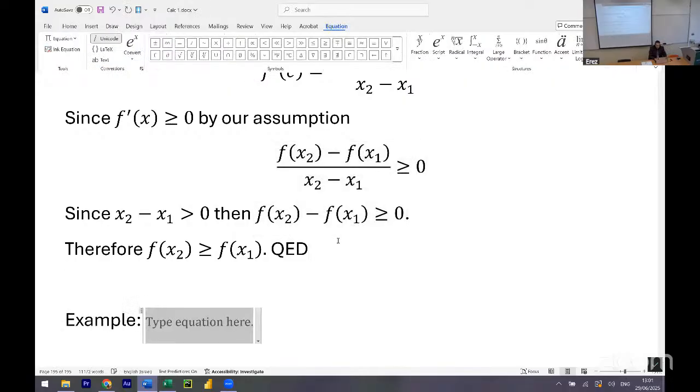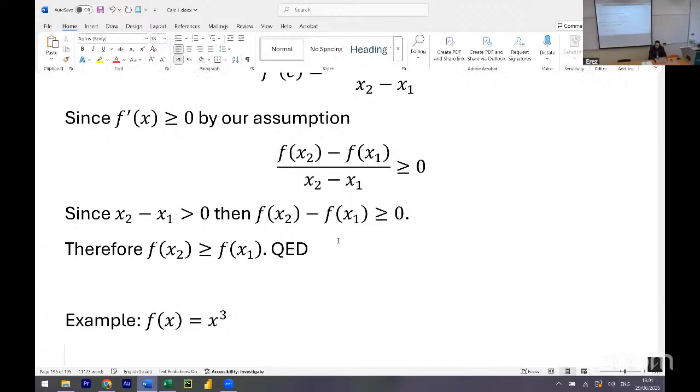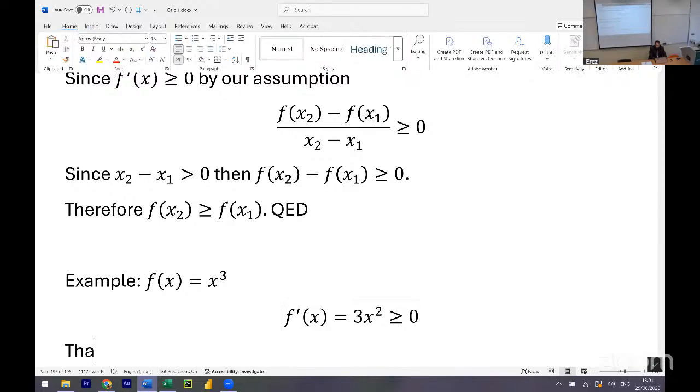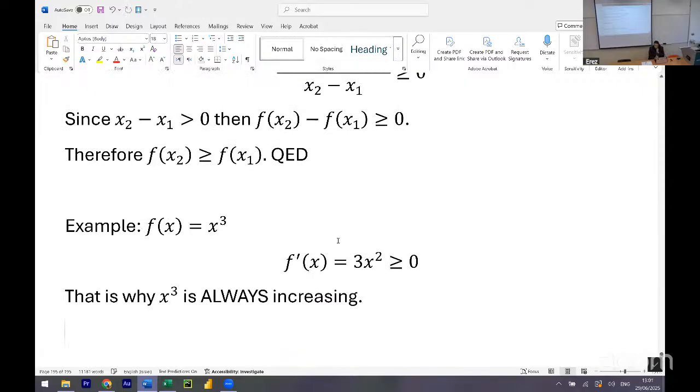Look at f of x equals x cubed. What's the derivative? 3x squared, which is also always bigger or equal to 0, right? That is why x cubed is always increasing, even though it's 0 at some point, right?